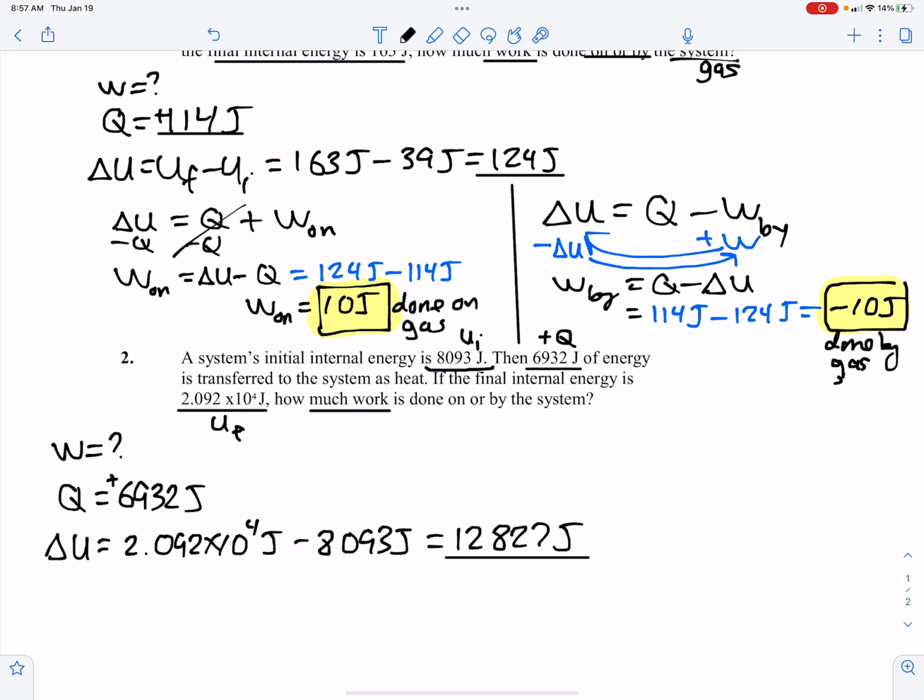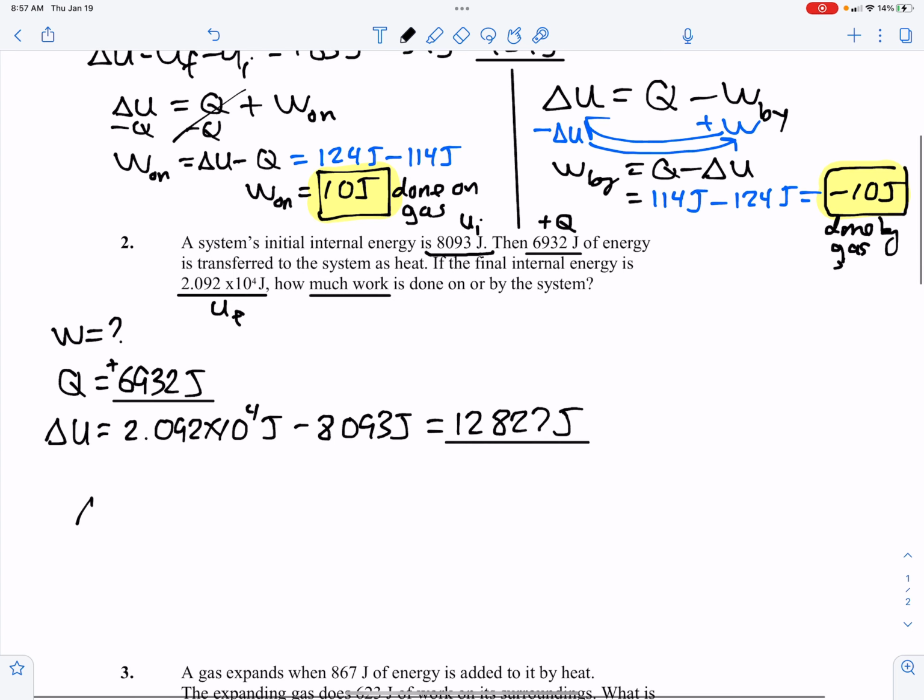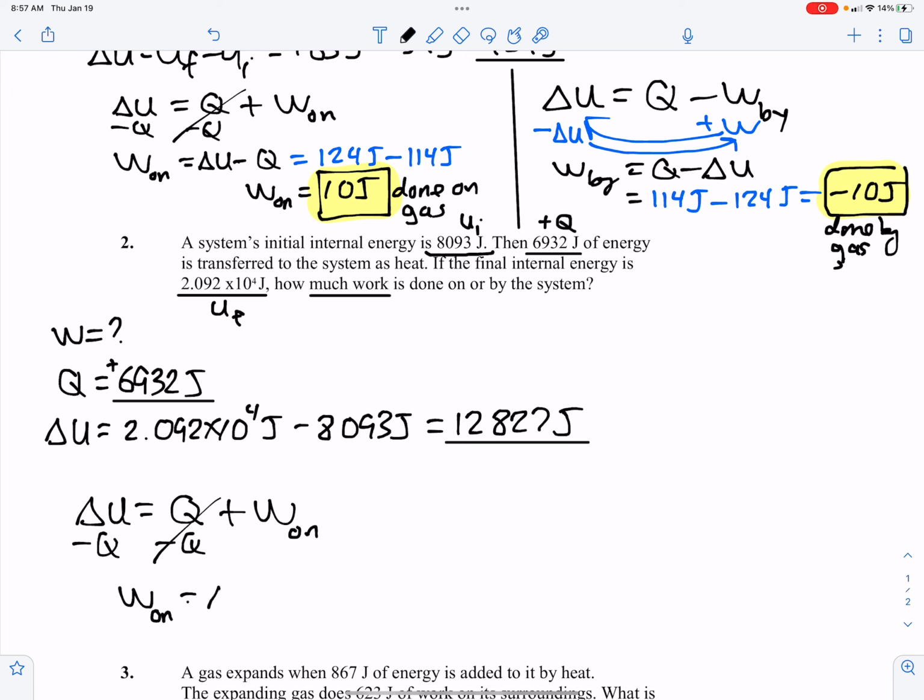So we've got change in internal energy, and I've got Q. If delta U equals the heat added plus the work done on the gas, again, solving for work, I'm going to subtract Q from both sides, and the work done on the gas is equal to the change in internal energy minus the heat added.